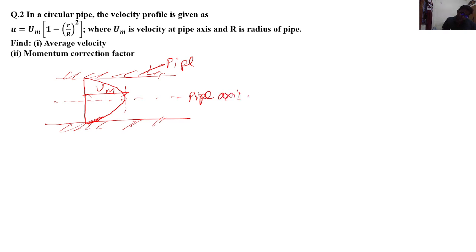So this to this is the total radius of the pipe. Let us suppose we are taking small r, that is the radius from the pipe axis to somewhere in between, and we take an elementary strip for that. This would be corresponding to the velocity small u.